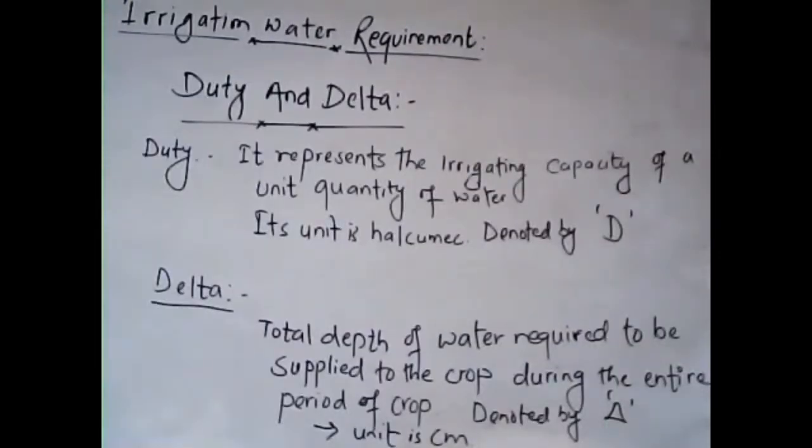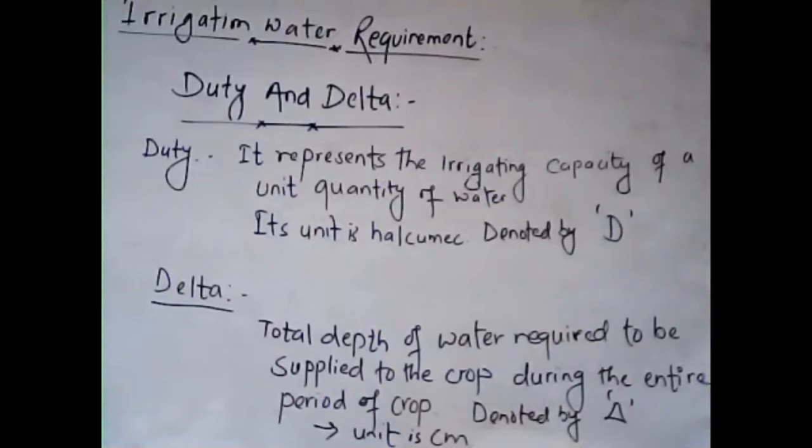After knowing base period and crop period, we will deal with the duty and delta. Duty is the total irrigating capacity of a unit quantity of water, of a certain area. We have a certain area of irrigation field, and for that field you need to make irrigation water available, and for that you need to construct a canal, and in the canal you need to have a certain discharge.